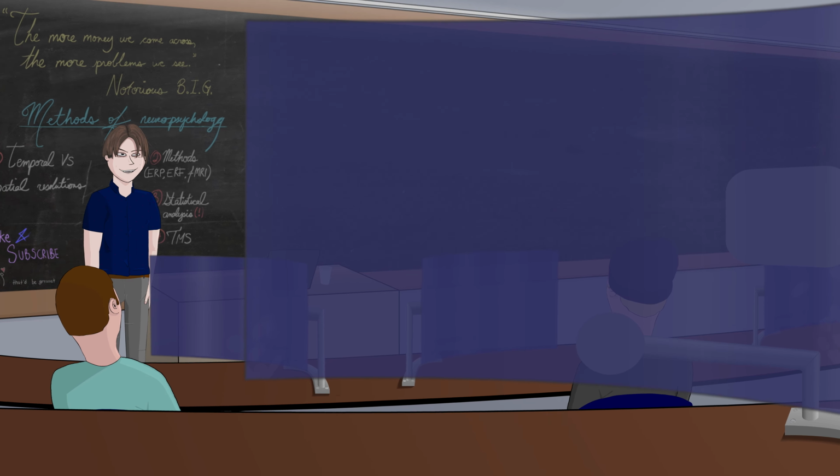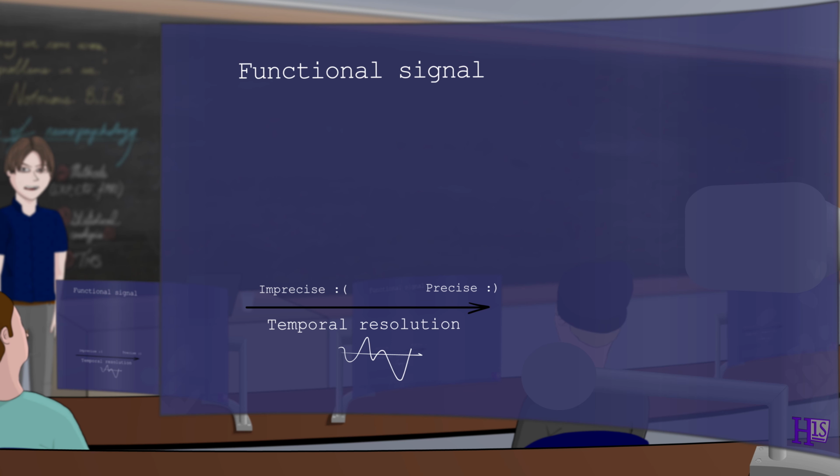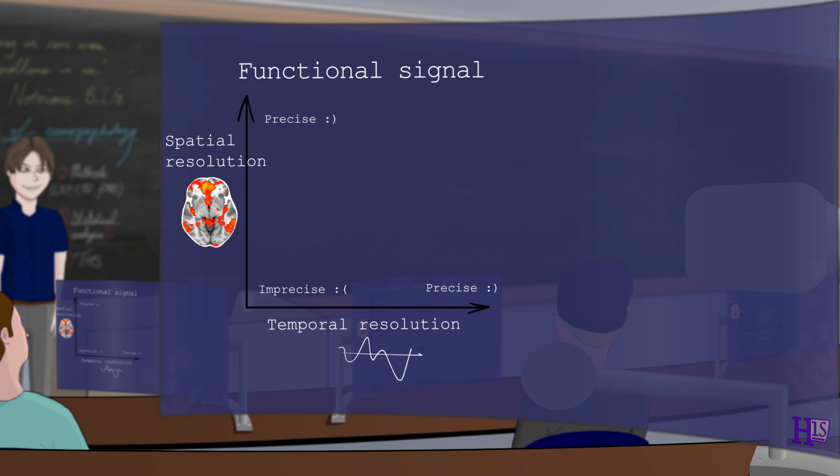The most important thing to know about the different methods is that the nature of the signal they use limits the quality of the recordings in either the temporal or spatial resolution. The temporal resolution corresponds to the accuracy with which researchers can infer the timing of the signals, whereas the spatial resolution, as you can imagine, corresponds to the accuracy of the activation map.